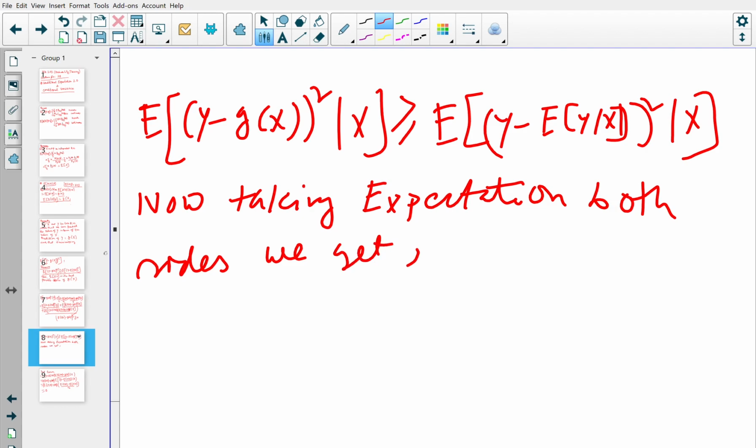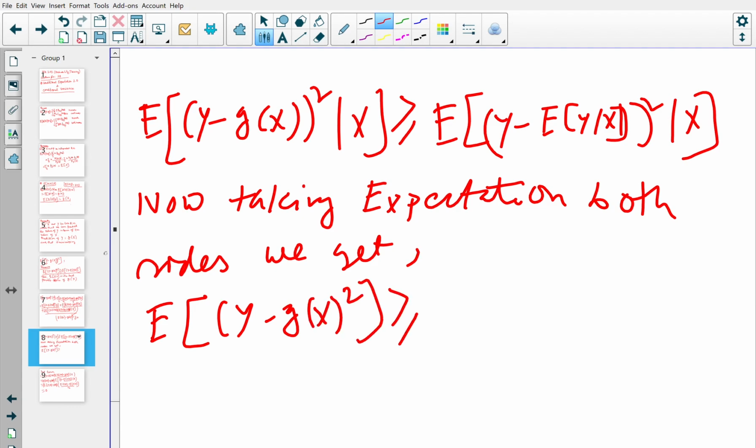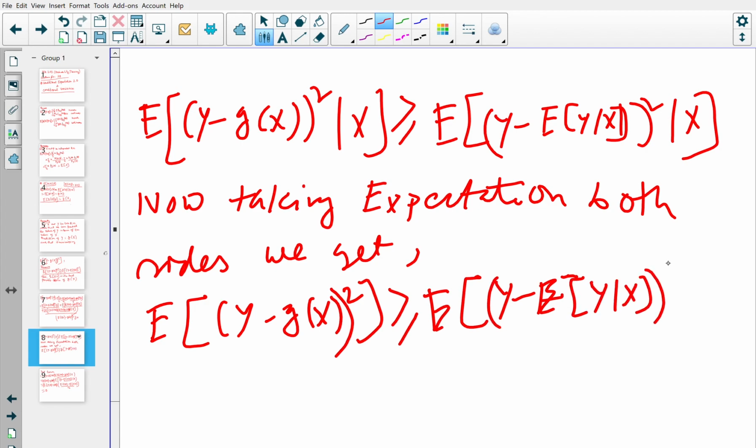So what is the result? Expectation of (y minus g(x)) whole square is always bigger than or equal to expectation of (y minus expectation of y given x) whole square.